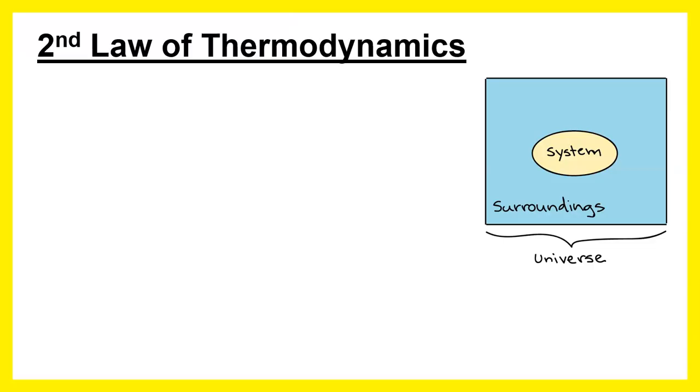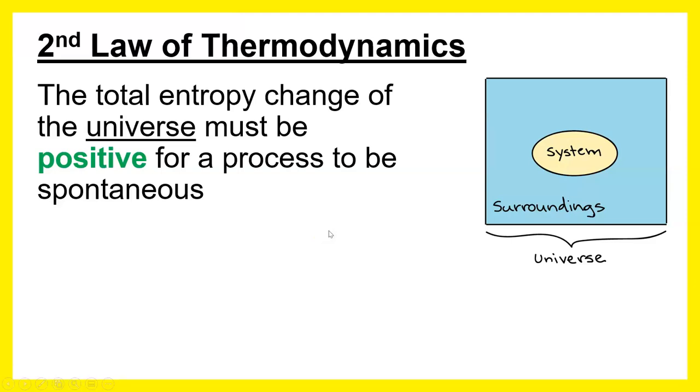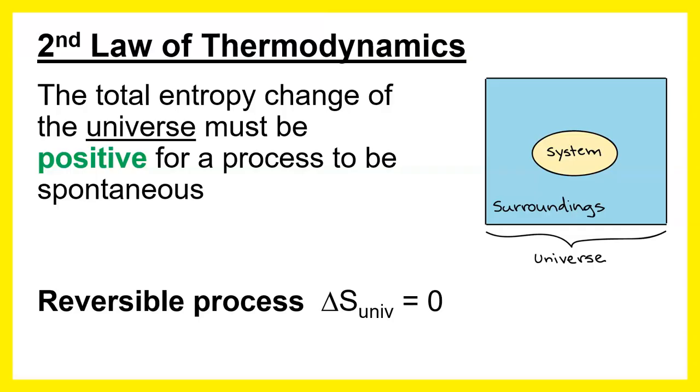The total entropy change of the entire universe must be positive in order for a reaction to be spontaneous. If it's reversible, like an equilibrium, it would be 0. No change, that's why it's allowed to happen both ways.